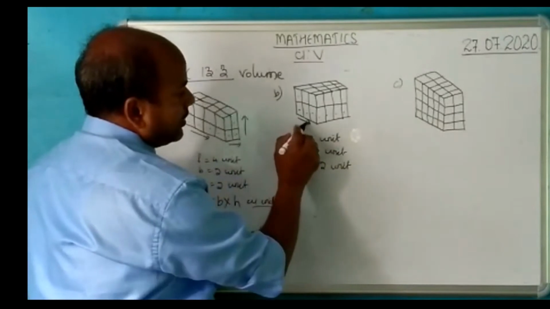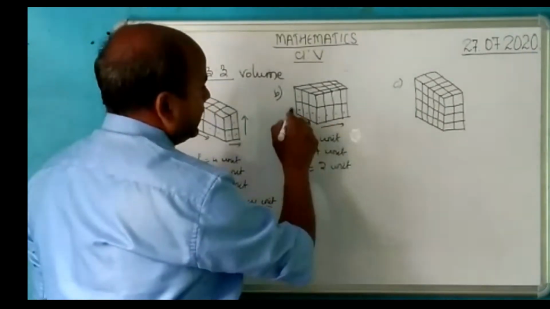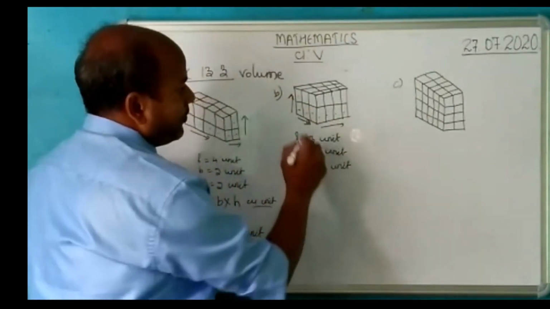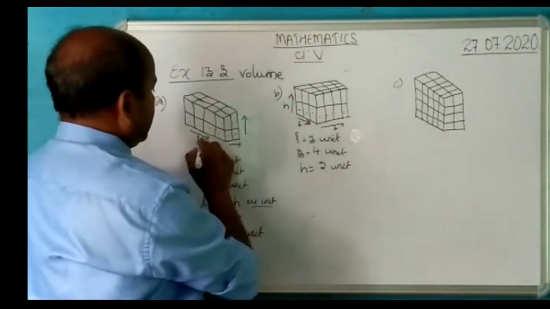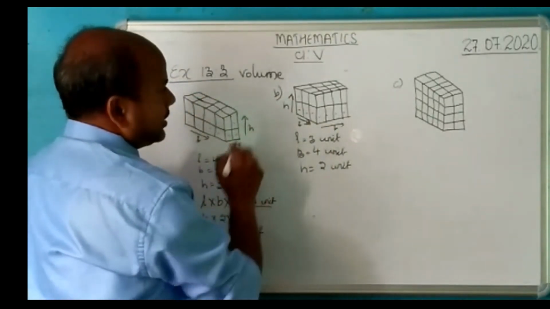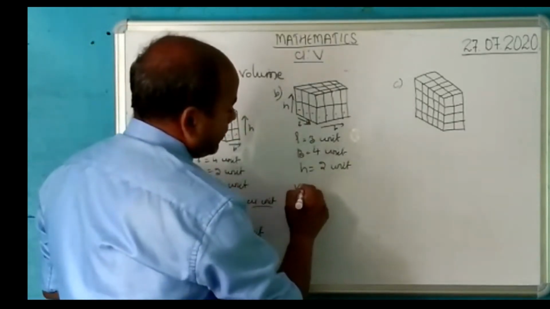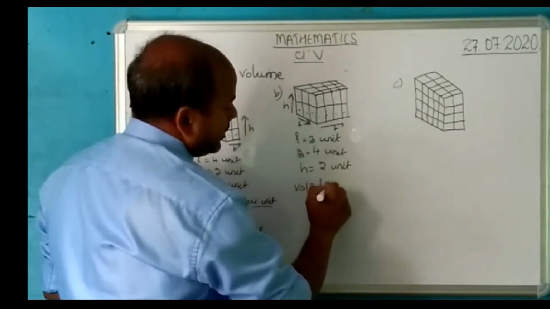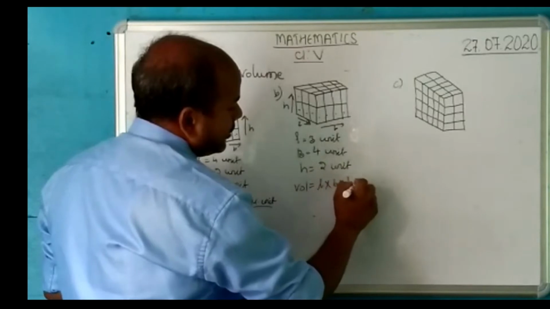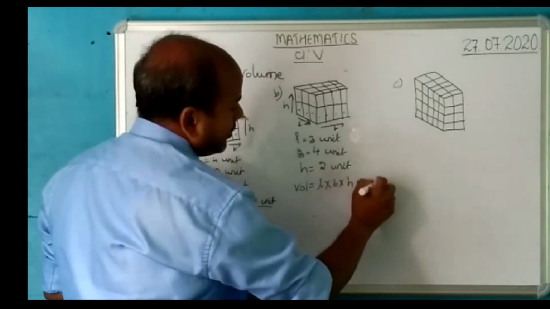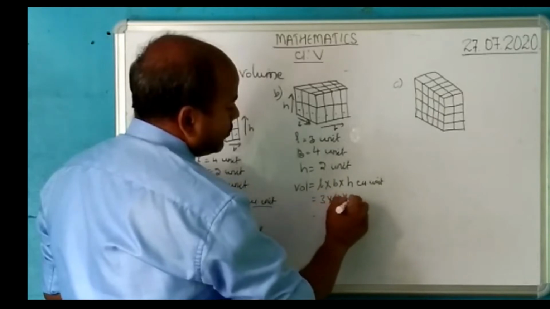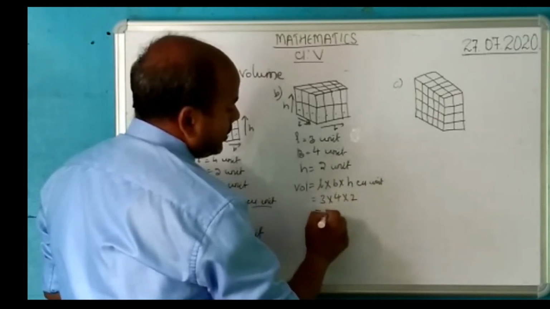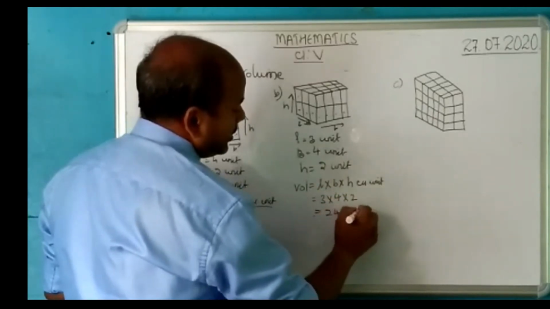This side length, this side breadth, and this side height. So now volume. Volume is equal to length into breadth into height cubic unit. So length is 3, breadth is 4, height is 2. Multiply, 24 cubic unit.